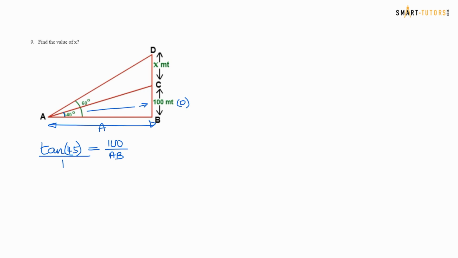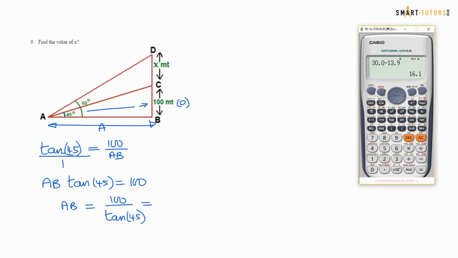So cross multiply, AB tan 45 equal 100 times 1 is 100. So AB equal 100 divided by tan 45. So that is the answer for AB.